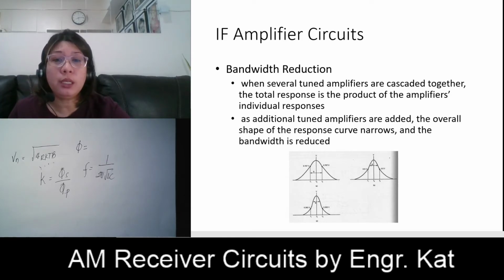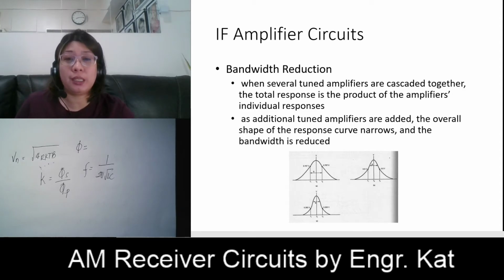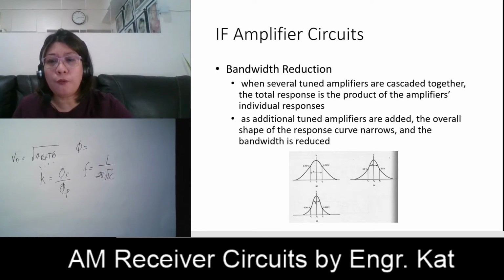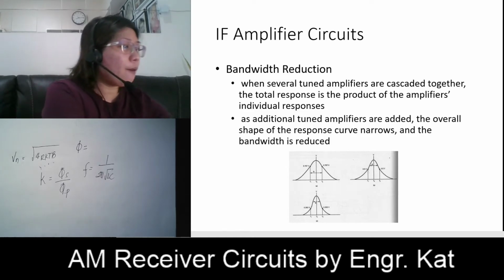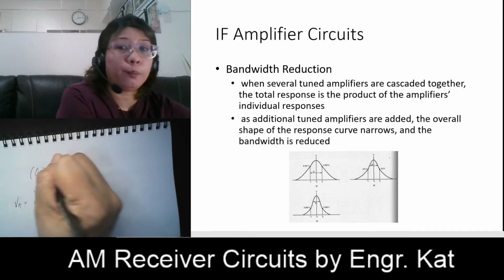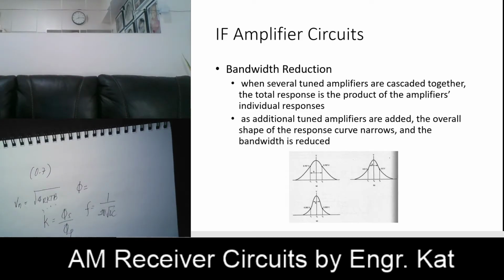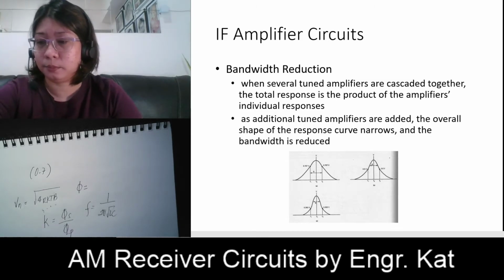Because as you can see, we have here your 0.7 point. The cutoff frequency here is equivalent to 0.7. If you further cascade that, the second amplifier also has a cutoff of 0.7.